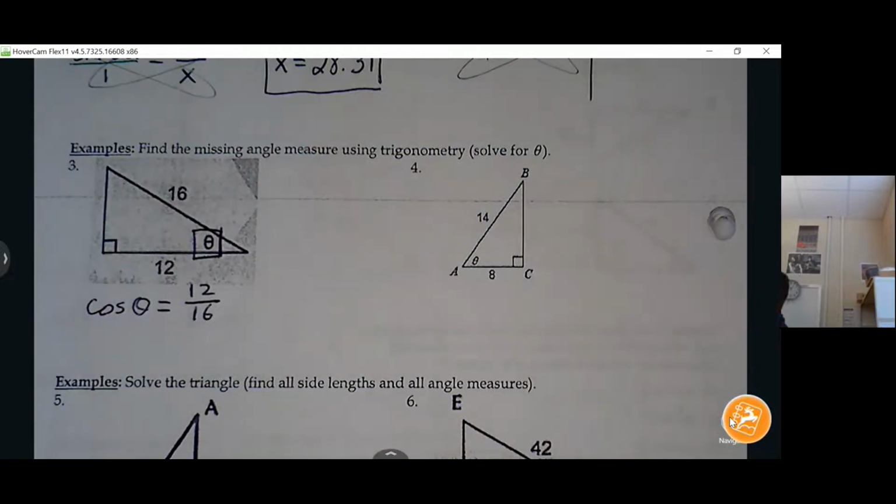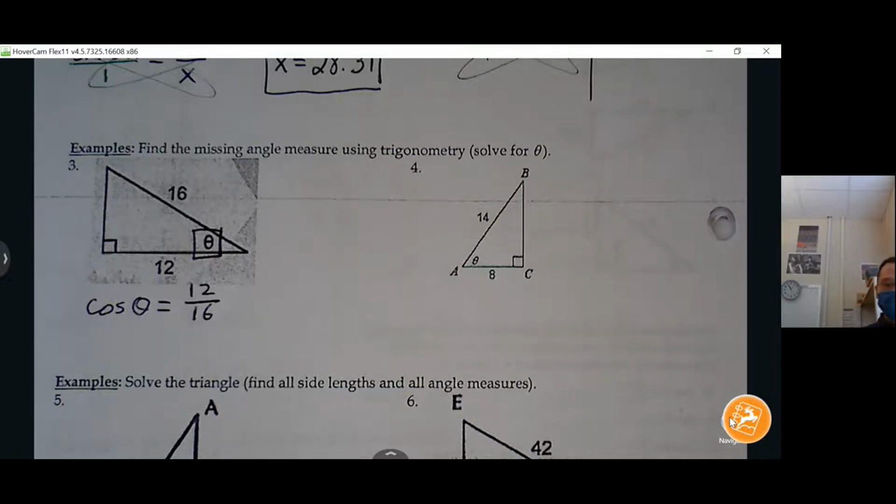Now, notice that we're not trying to find a missing side here. If we cross multiply, we're not really going to get far, because we're finding that theta. But it's a little bit complicated because theta is inside cosine, so it's not as easy to just remove that theta from cosine.